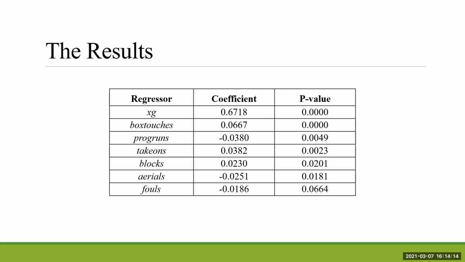Box touches was the second largest impact regressor, which we also expected. Box touches and scoring chances play a massive role in goals scored. Like we said earlier, the more box touches somebody has, the more scoring chances they're going to have, and the more goals they're most likely going to have. So it was nice to see those ideas confirmed in our regression model.